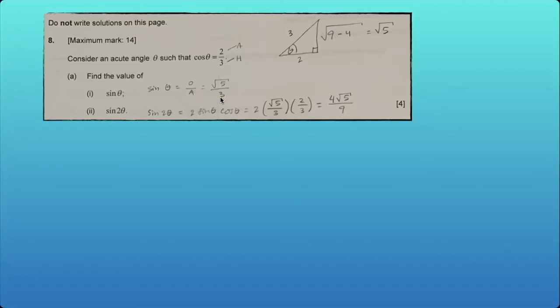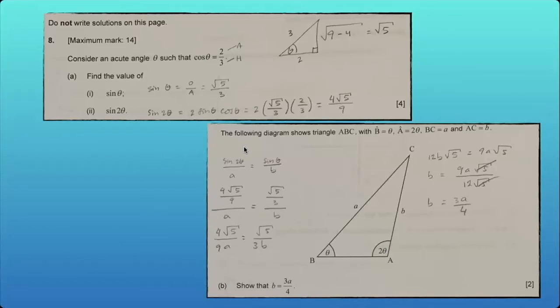That's sine theta. What about sine 2 theta? Well, we need to use the double angle formula. Sine 2 theta is equal to 2 sine theta cos theta. We know sine theta, which is this one here, and we know cosine theta. Now this is given, that one there. So we have this expression simplify into 4 root 5 over 9.